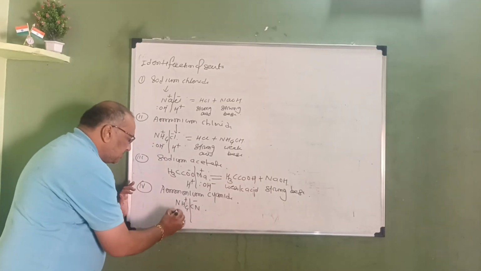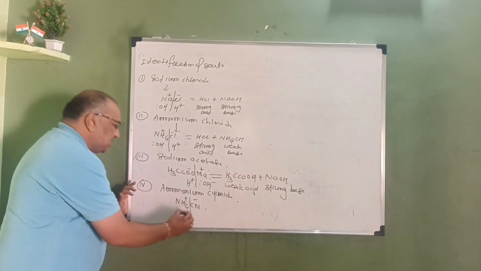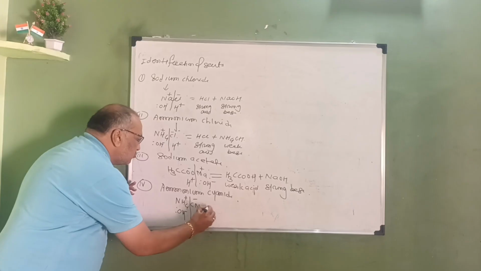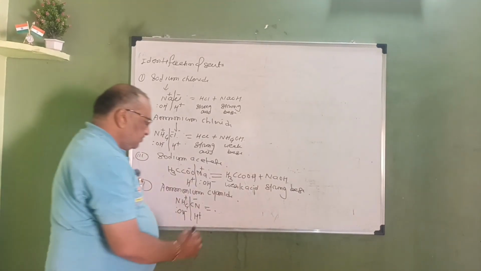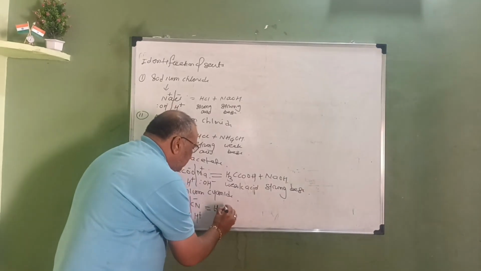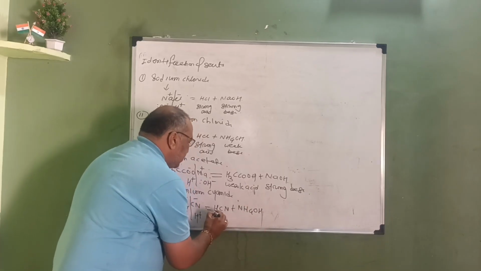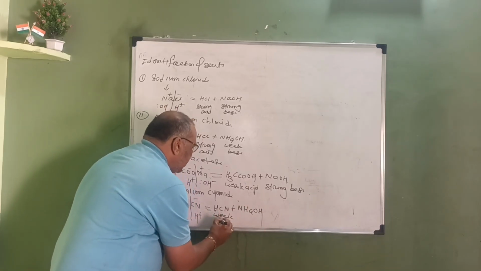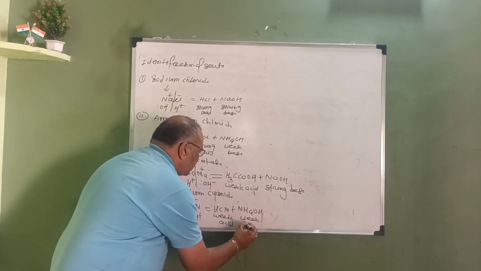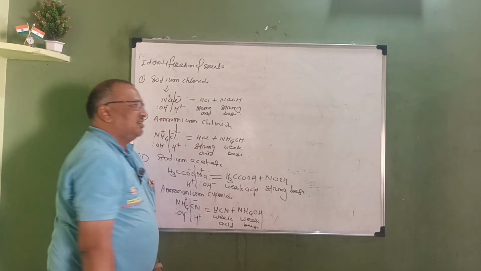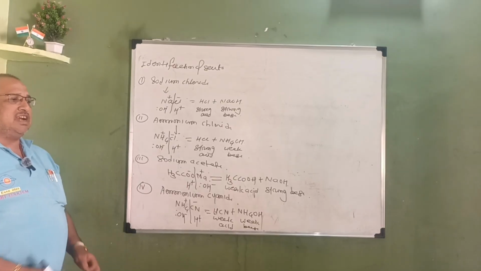Attach OH minus ions of water to the cation and H plus ions of water to the anion. That means here write down HCN plus NH4OH, that is weak acid, and here weak base. That means ammonium cyanide is a salt of weak acid and weak base.